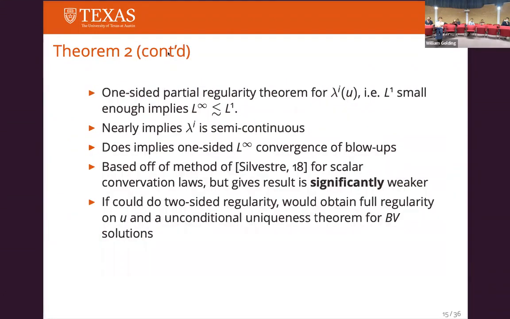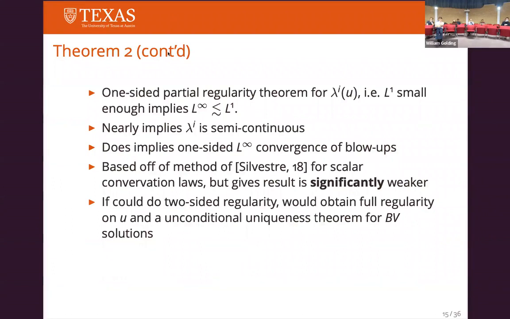So I want to say just a couple of things. Basically, if you're familiar with partial regularity results, this is like saying if I have sufficiently small L1 norm, the L1 norm controls the L infinity. This is also saying, in another sense, that my characteristic fields are almost semi-continuous functions. So you have a similar result for lambda 2.